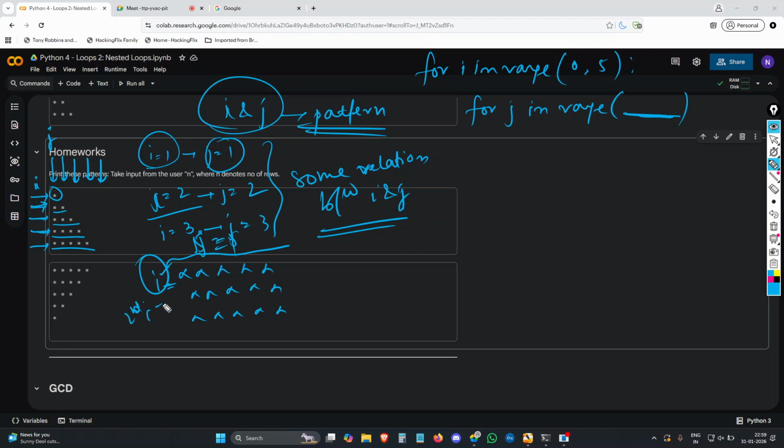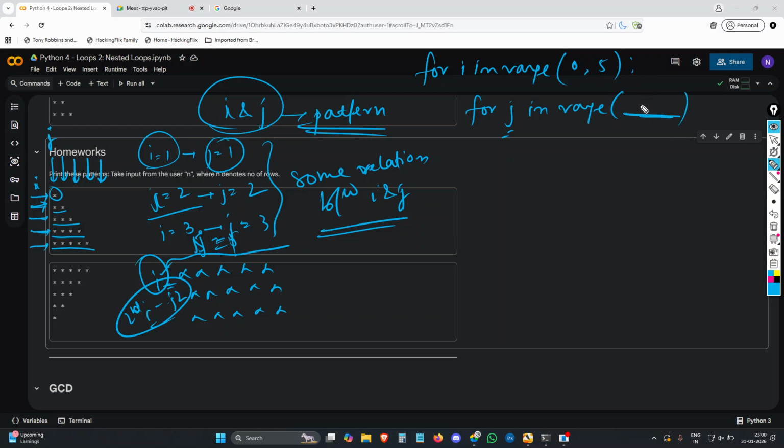For the second iteration of i, j has to run two times, right? So how do we configure that? Maybe we can do one thing: if j is so much dependent on i, why do we not make j dependent on i directly? How do we do that? Let's try to think of that, right?